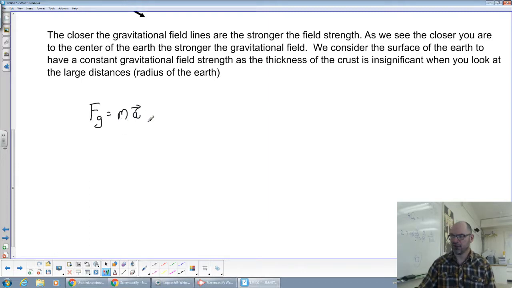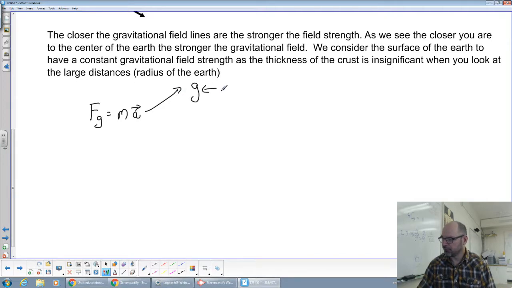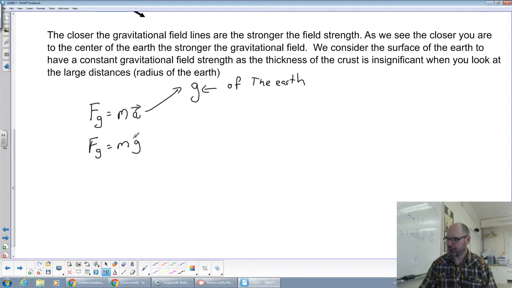Okay, and this acceleration that we're talking about, we're going to say that this is the g value of the Earth. So when we're talking about force of gravity, that's m times g. Okay, 9.81 newtons per kilogram. Where do they come from?